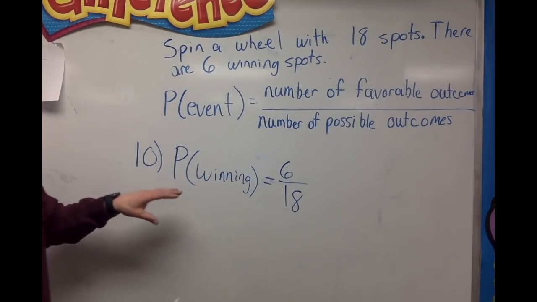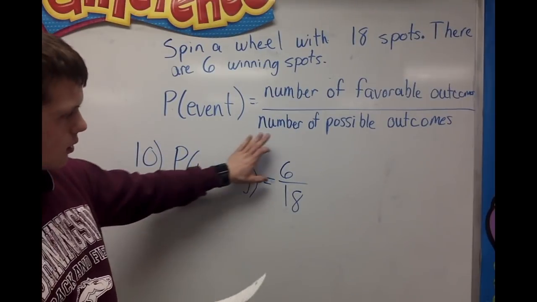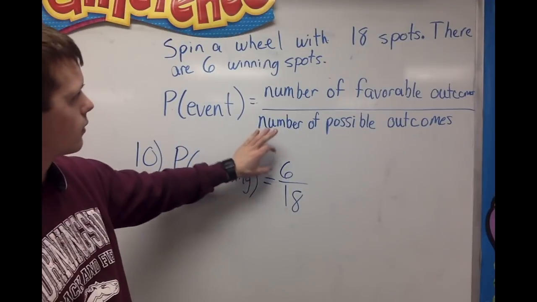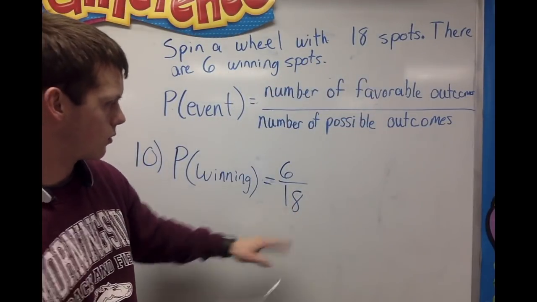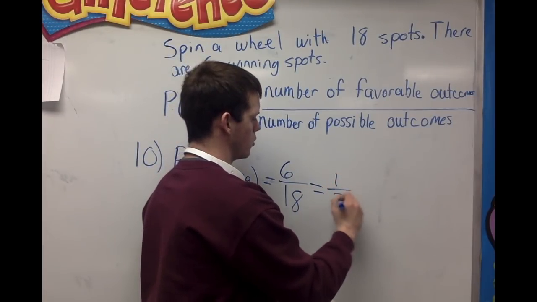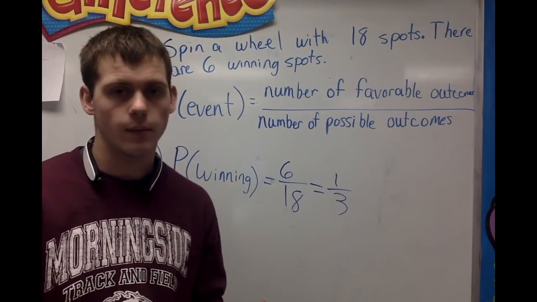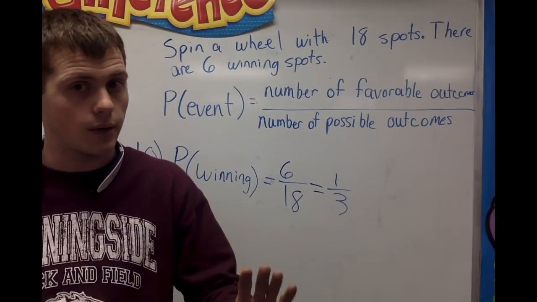So, like I said, 6 winning spots. We put winning as the favorable outcome because we're looking for winning. And there's 18 spots total. Now we reduce to one third. So 1/3 of the time you're going to win, theoretically.